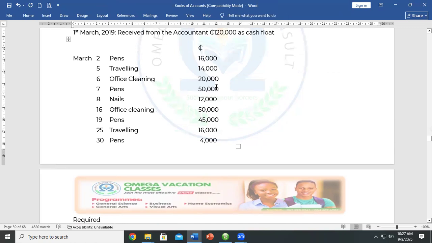So we have 20,000 remaining, which can cover the nails expense on the 8th. But you see that after covering the nails expense, our balance will be left with 8,000. The 8,000 cannot cover the office cleaning on the 16th. So it means on the 8th, we have to reimburse before we can spend on the 16th.